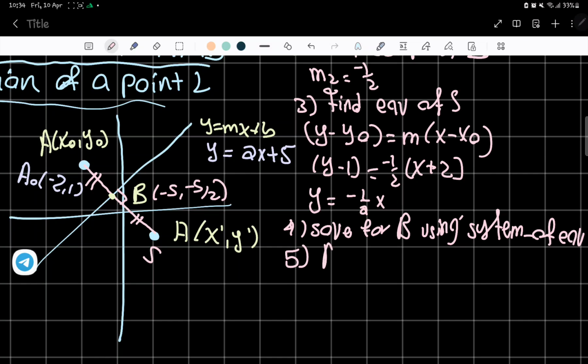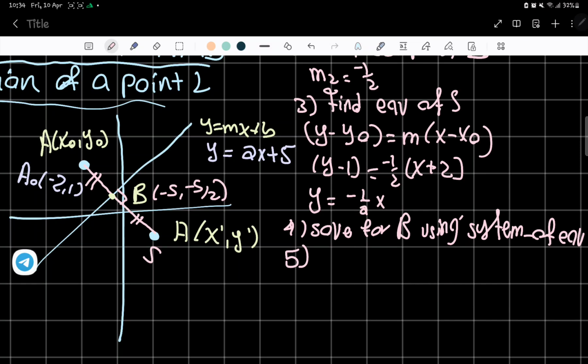A plus A prime over 2 is going to equal B. We already found B, and A was given to us, so we need to find A prime.